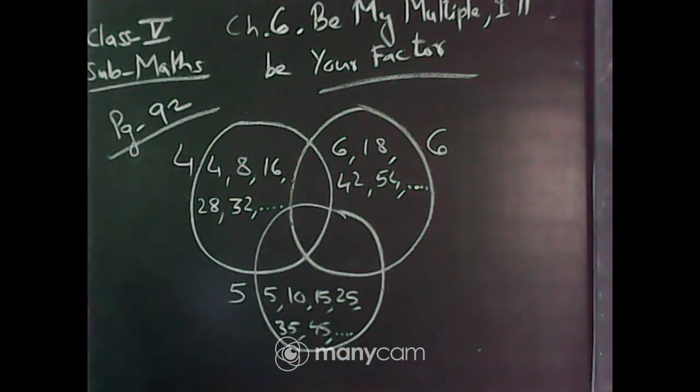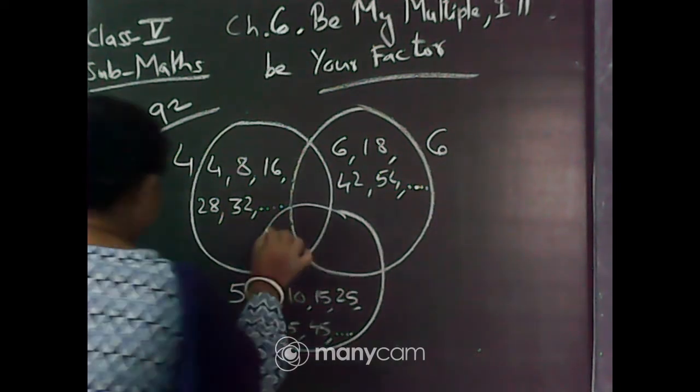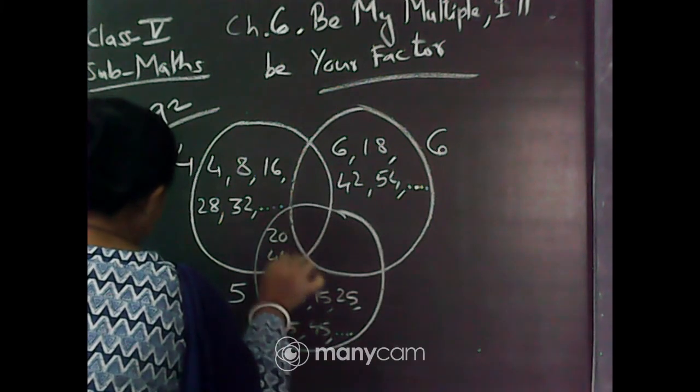Now you have to write the common multiples. The common multiples of 4 and 5 will be 20 and 40.